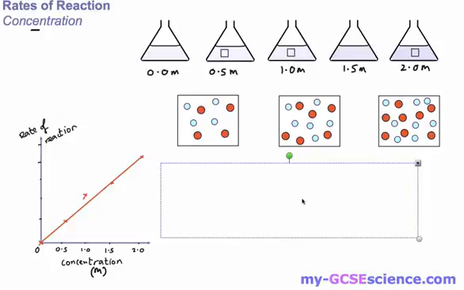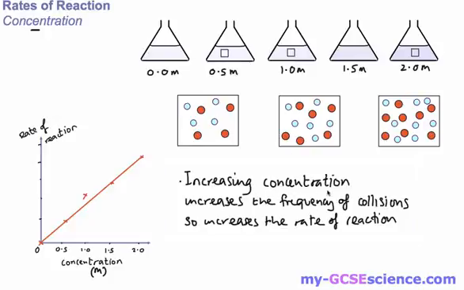And how do we explain it? Well, increasing concentration increases the frequency of the collisions, and you could actually say, if you wanted to, frequency of successful collisions. By successful collisions we mean ones that have the activation energy.